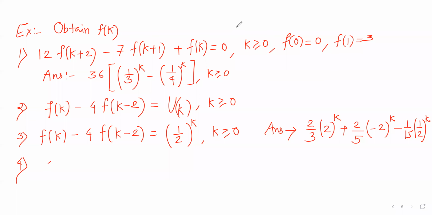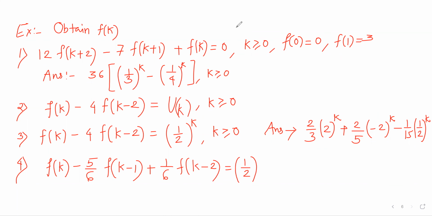Then fourth problem is f of k minus 5 by 6 times f of k minus 1 plus 1 by 6 times f of k minus 2 is equal to half raised to k. Okay, positive. So again, you have here k minus 1 and k minus 2.